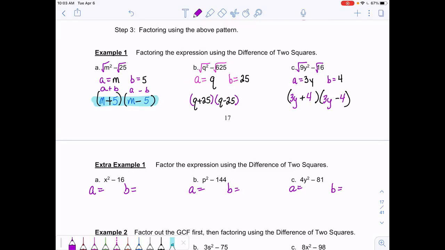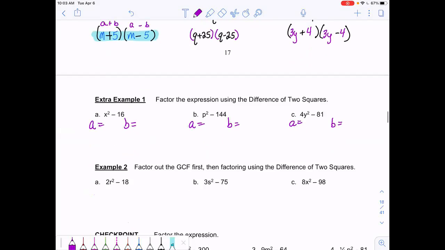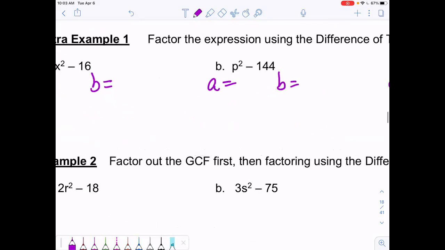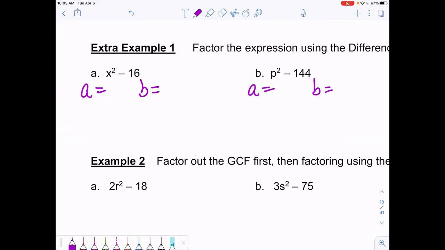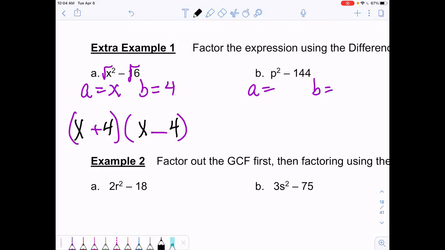Haley, I'm going to come to you for letter A. So Haley, what is the square root of x squared? X. And the square root of 16 is? 4. All right, what's that pattern look like, Haley? X plus 4 and X minus 4. Nice job.